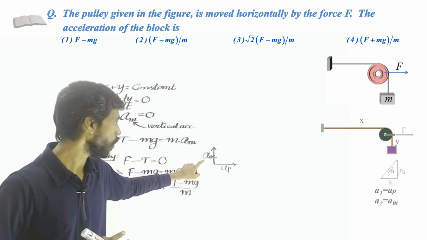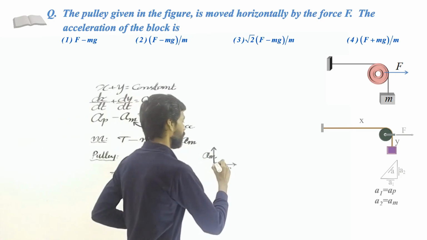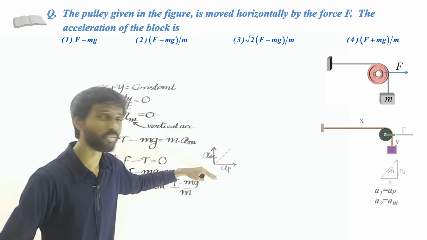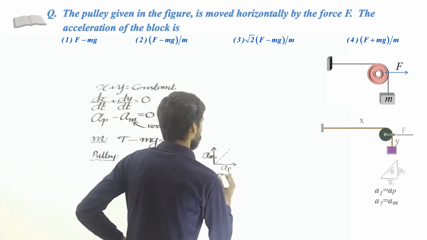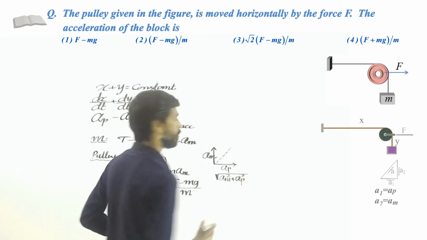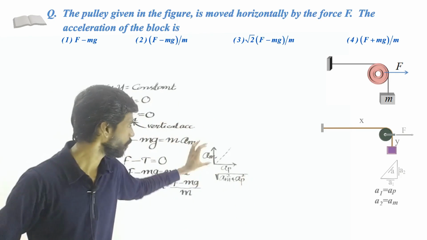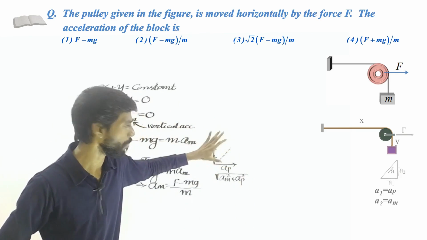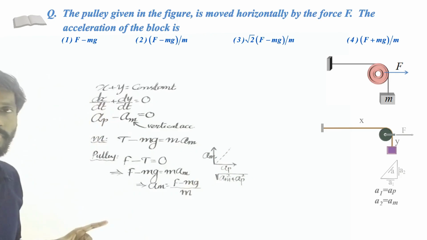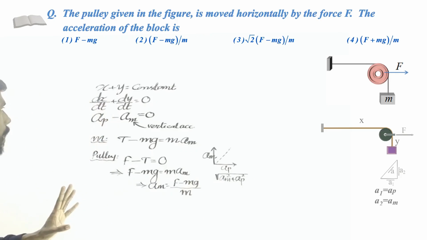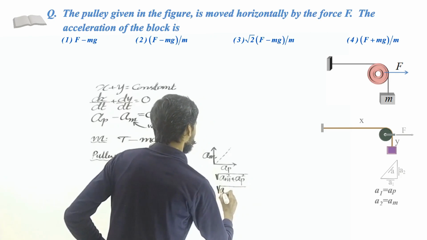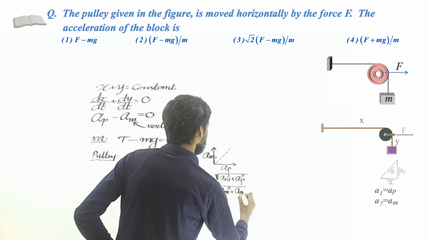Now what do we have to find? We have to find the resultant. With two perpendicular directions, you find the resultant of the vectors: the square root of this square plus this square, so the square root of am square plus ap square. Using geometry, this is am, this is ap, and the hypotenuse can be found using the Pythagoras theorem. But ap is the same as am, so the resultant equals the square root of am square plus am square, which is 2 am square.